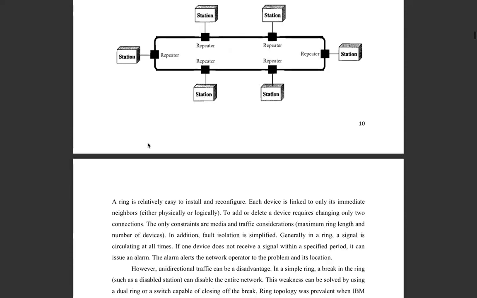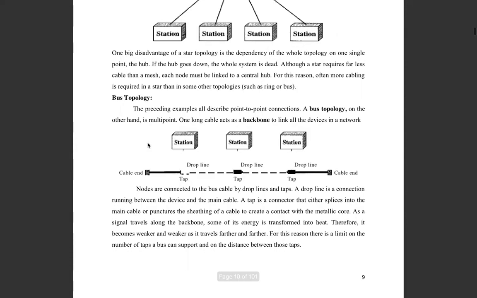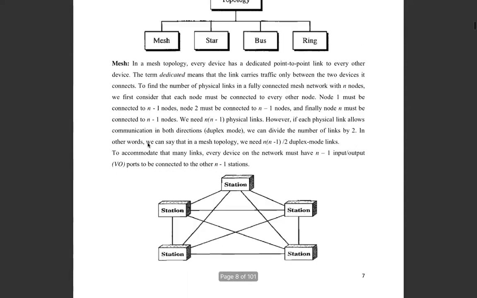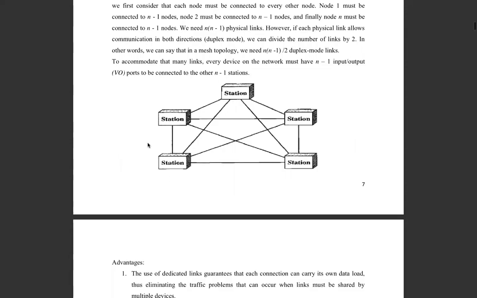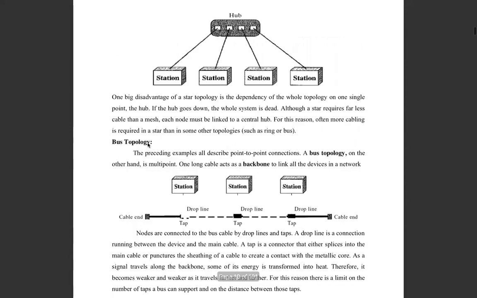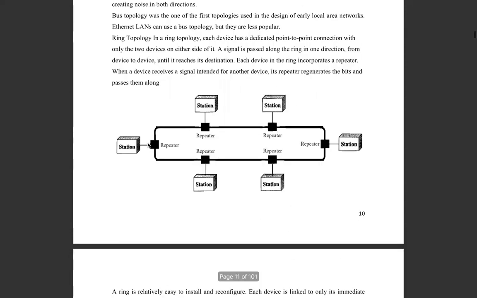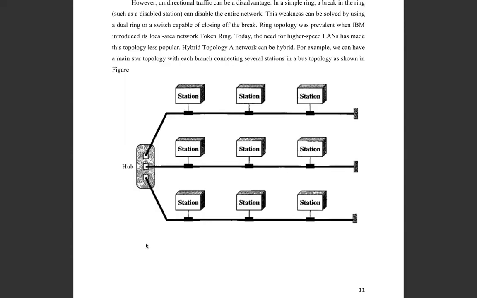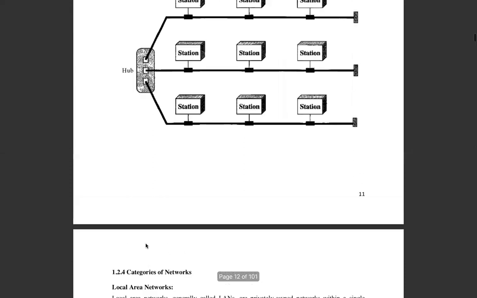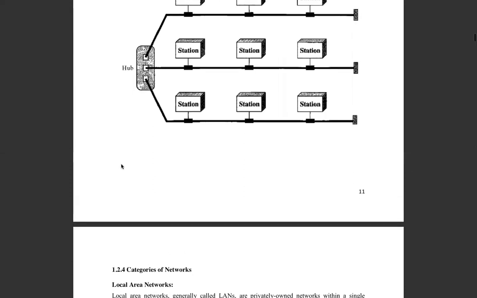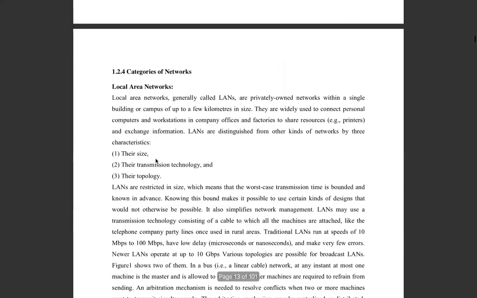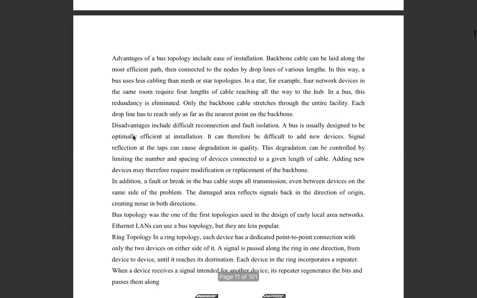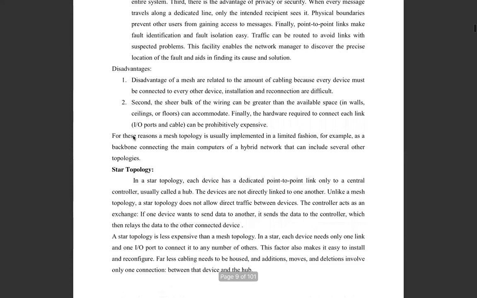So these are the physical structures, how we can arrange a network. For example, we have the star topology, the mesh topology, the bus topology, and the ring topology too. So read up to the ring topology. Next time we'll continue from here. All the topologies are classified as physical structures.